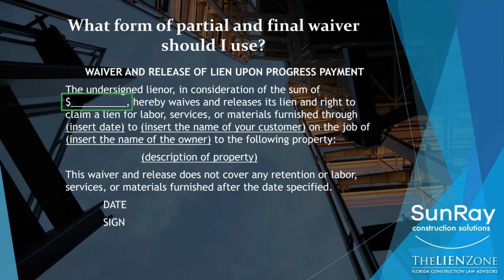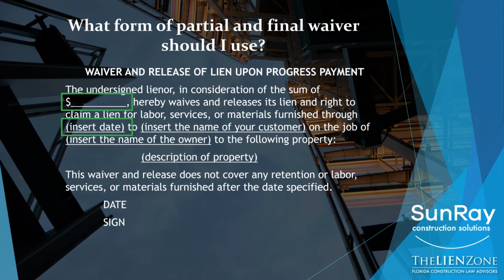So this is the standard 713 release upon progress payment. And it says the undersigned lienor, in consideration of the sum of some amount of money, this is where you're going to fill in, if you're expecting a $22,000 check, you'll write in $22,000 there, hereby waives and releases its lien and right to claim a lien for labor, services, or materials furnished through, and then it has a through date.